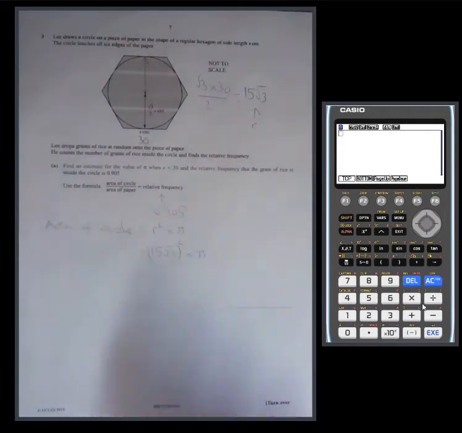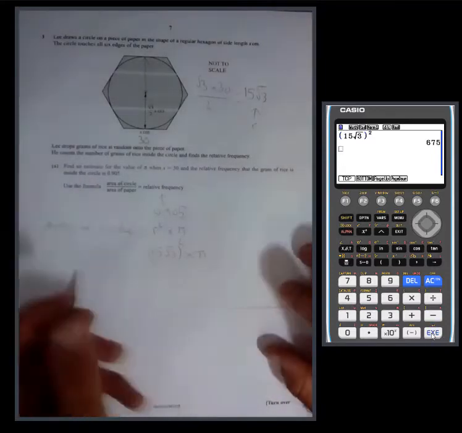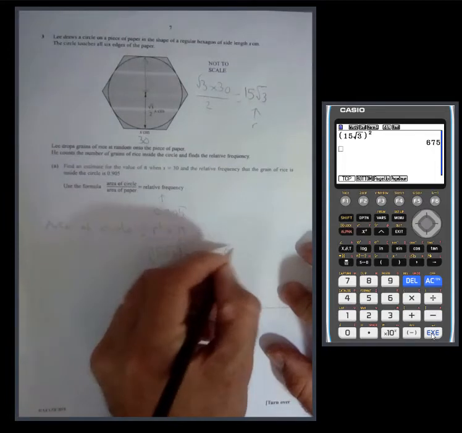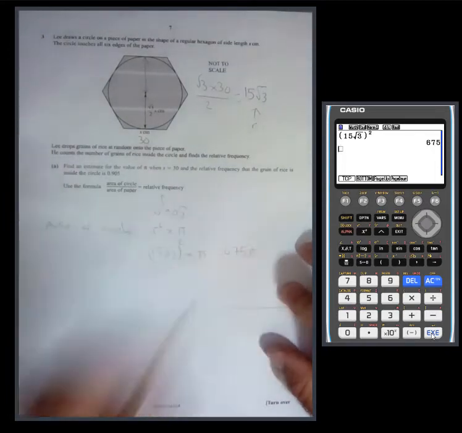So you could just leave it like that, or we could go to our calculator and do 15 root 3 and then square it. Like that, and that comes to 675. So actually the area of the circle is 675 pi. So that's quite a nice number.